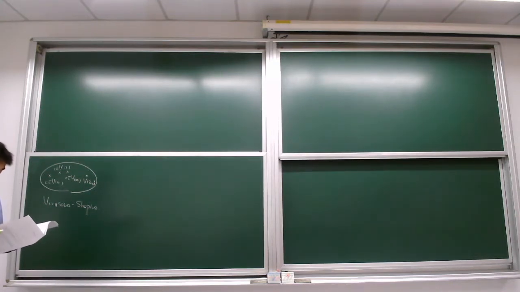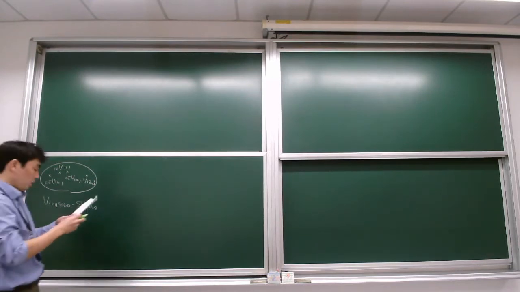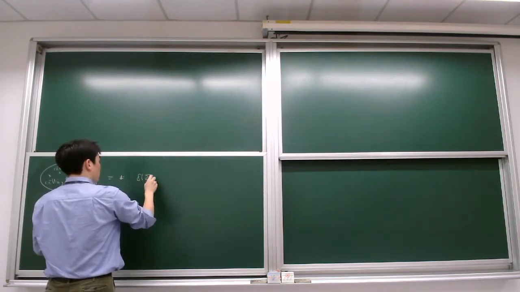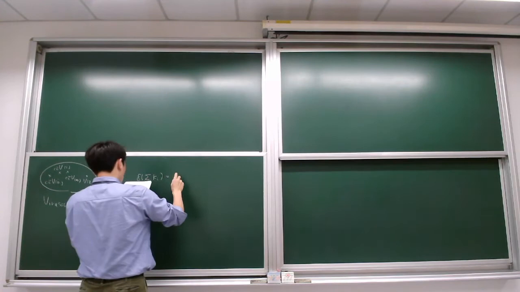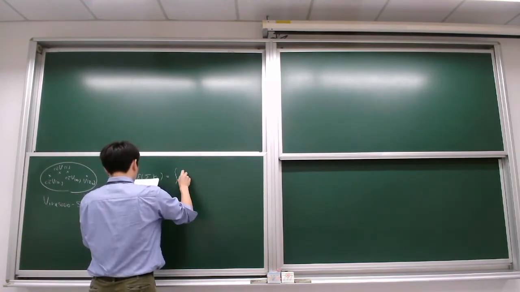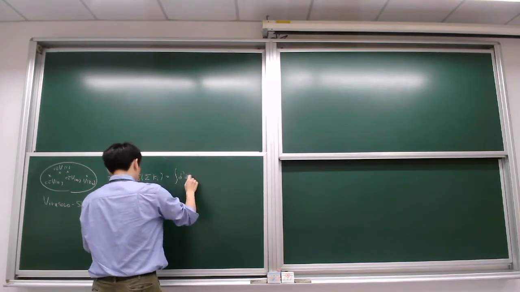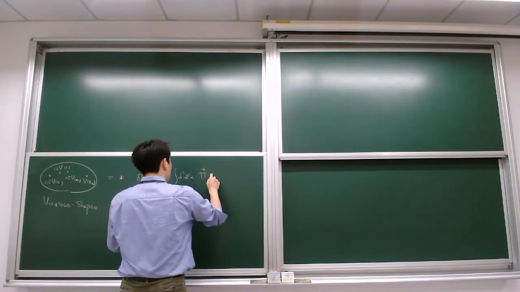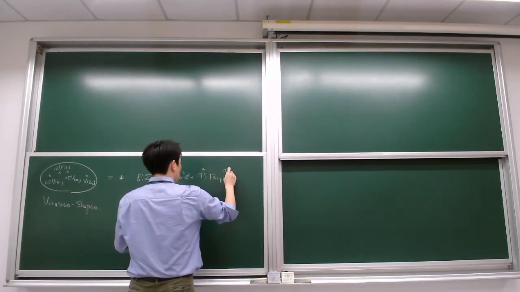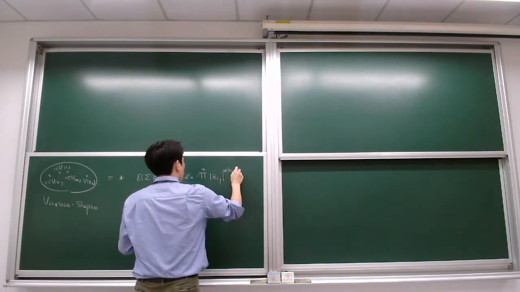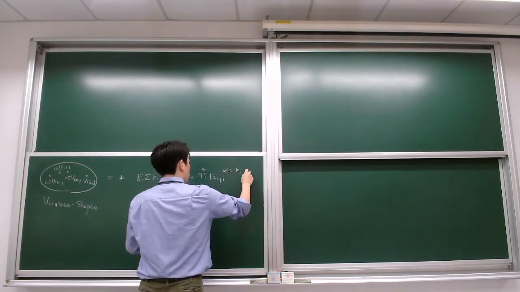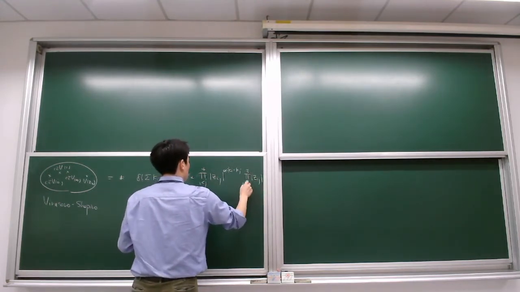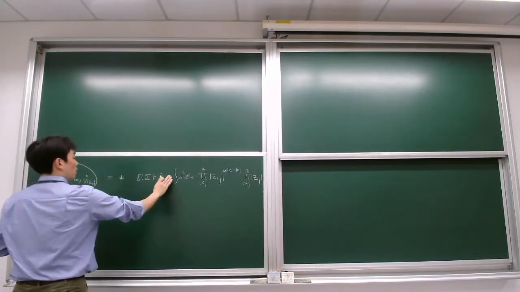What we have done is essentially some constant times delta of the sum of k_i, and then we have d squared Z4, and then you have the amplitude coming from the vertex operator, and you have the ghost coming from the ghost.